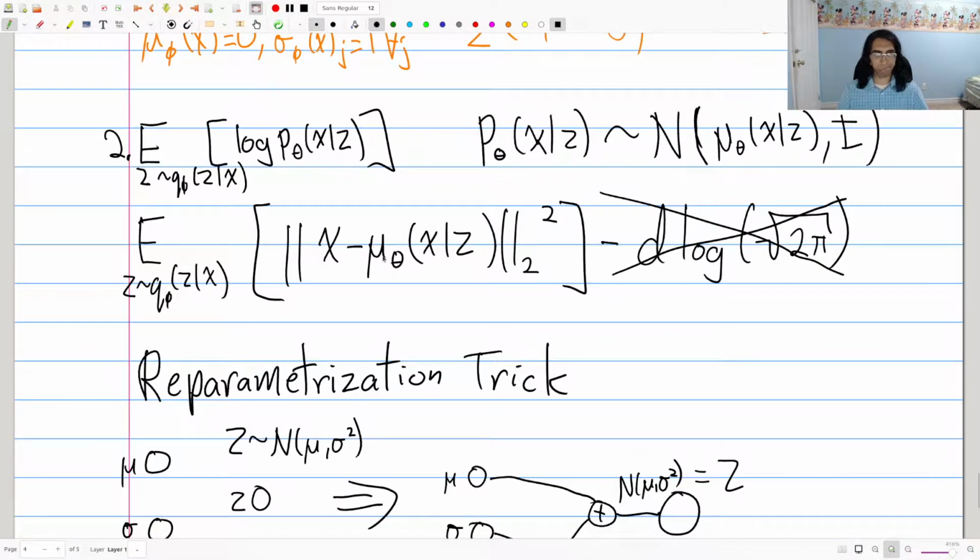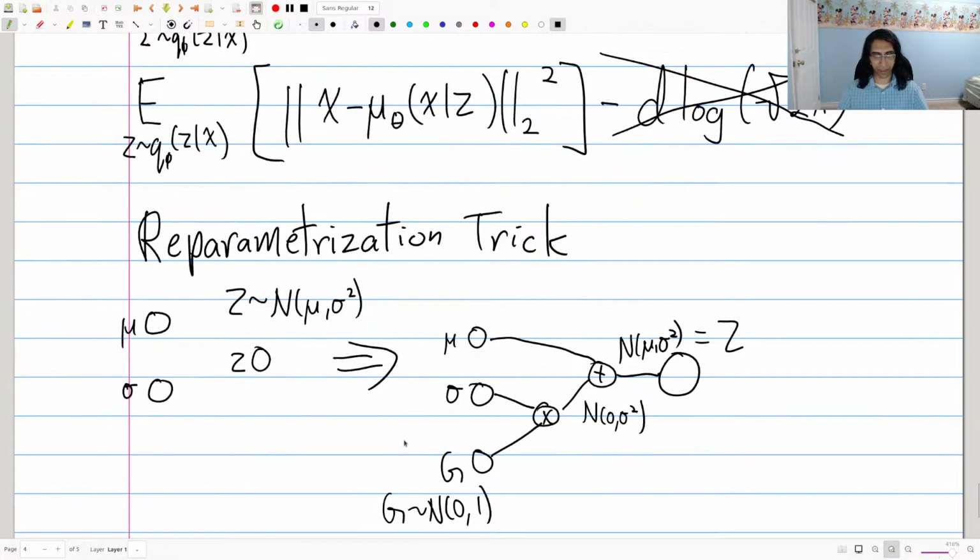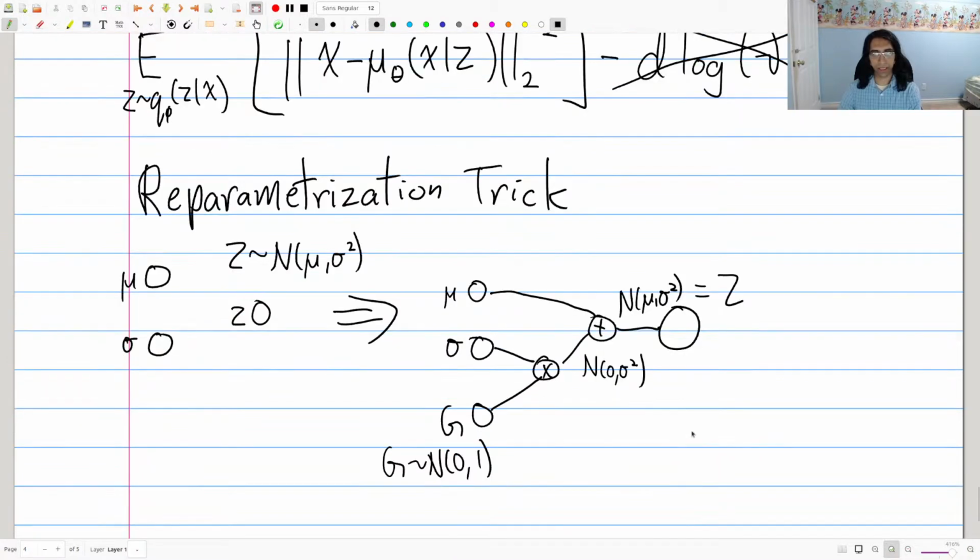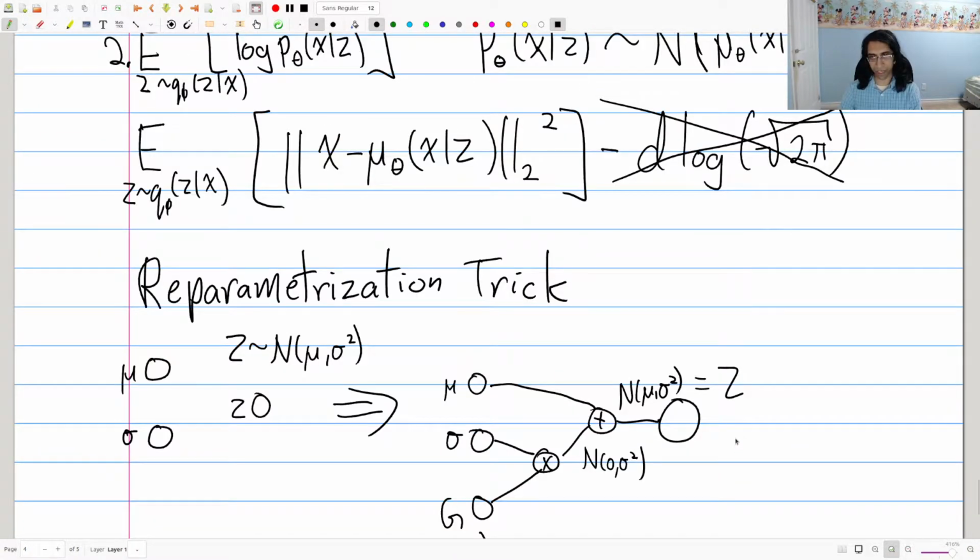The last challenge was the sampling process in the middle of the network, and we get around that with the reparameterization trick, which treats the sampling step as an input rather than something which happens in the middle of the network. That makes it nice for backpropagation. Additionally, we can compute this expectation just by drawing a few samples, now that the sampling is an input. And that's basically VAEs in a nutshell.